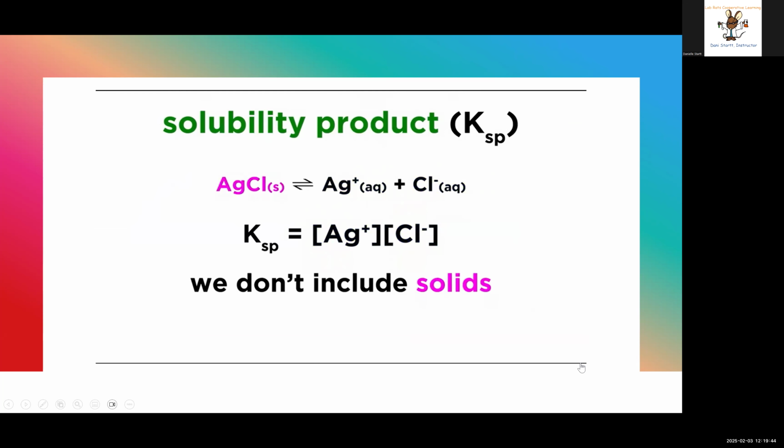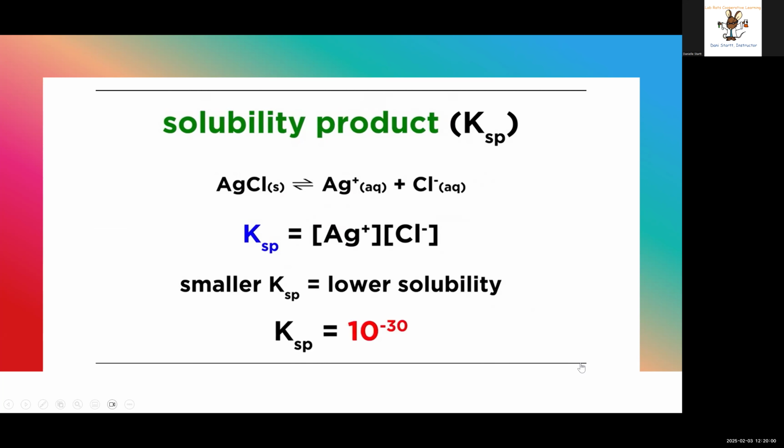Notice that we do not include the solid itself in this expression, as we do not include solids in equilibrium expressions. The smaller the constant, the fewer the ions that will be present in solution, and therefore the less soluble the substance must be. Compounds that are extremely water insoluble will have KSP values on the order of 10 to the negative 30, negative 50, or even smaller.